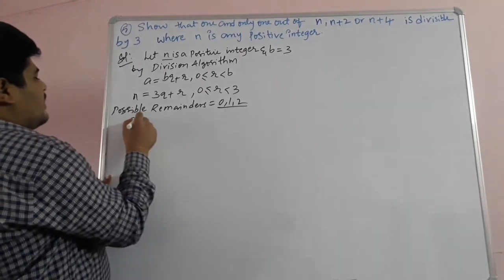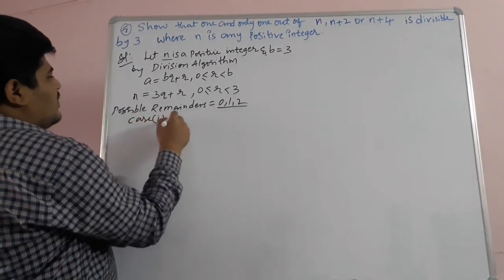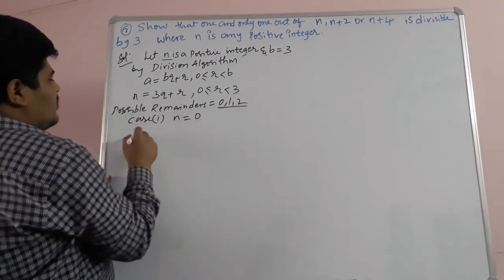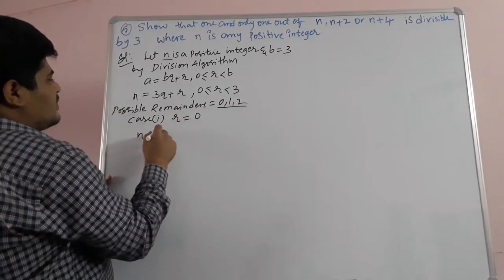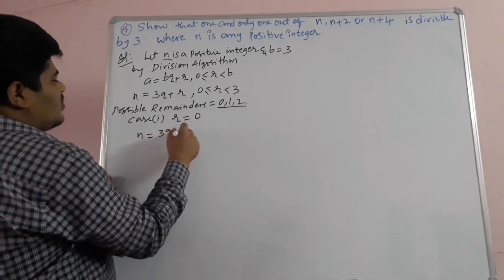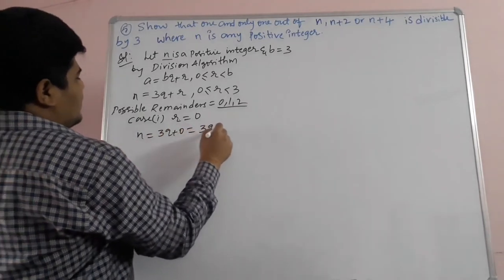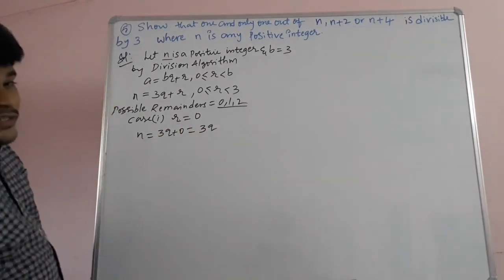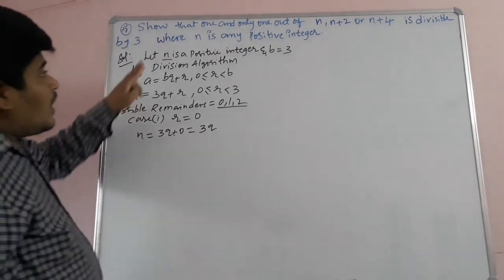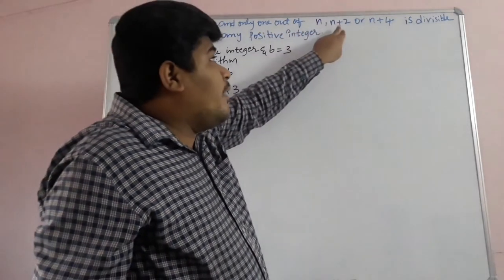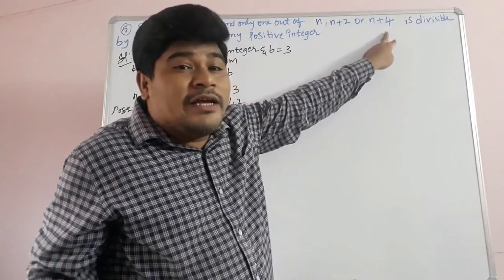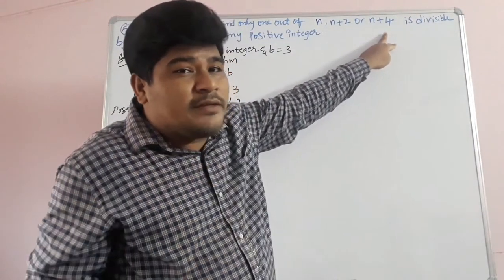In case 1, r is equal to 0, then n is equal to 3q plus 0, that is 3q. But what are they asking us to prove? Show that one and only one out of n, n plus 2, n plus 4 is divisible by 3.